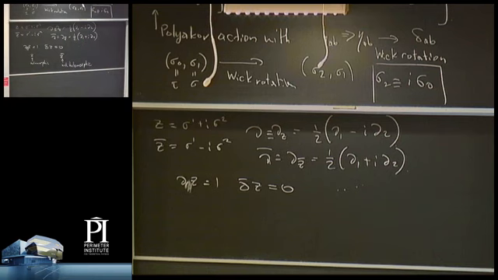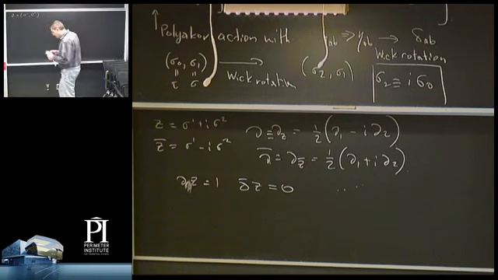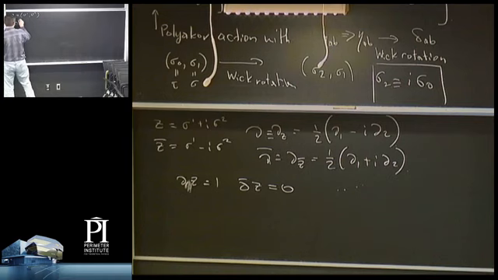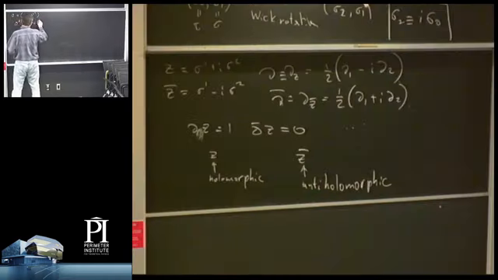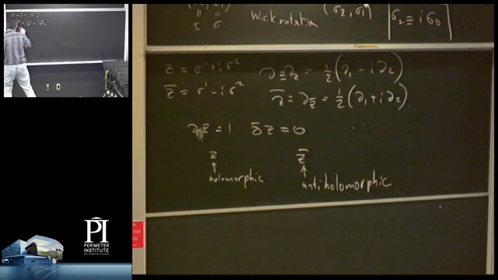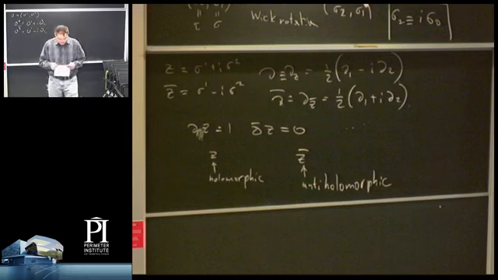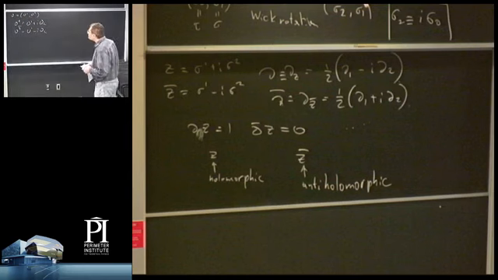So we can go into holomorphic and antiholomorphic indices by simply defining V z as V1 plus i V2, and V z bar as V1 minus i V2. So those are just the definitions.